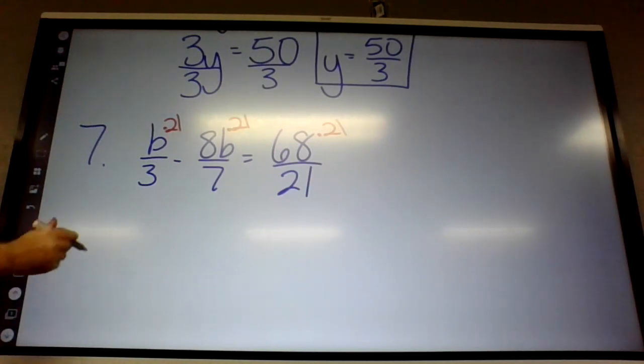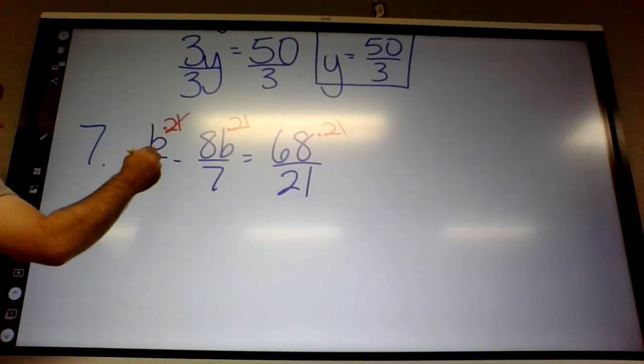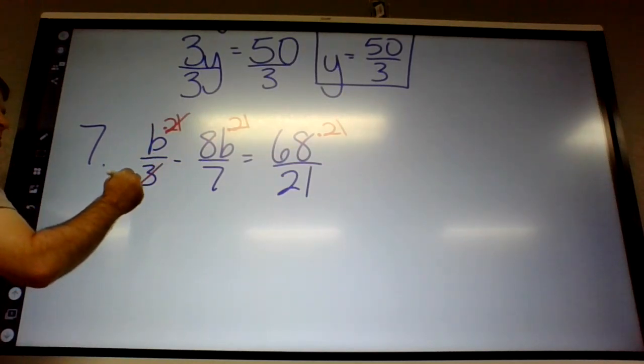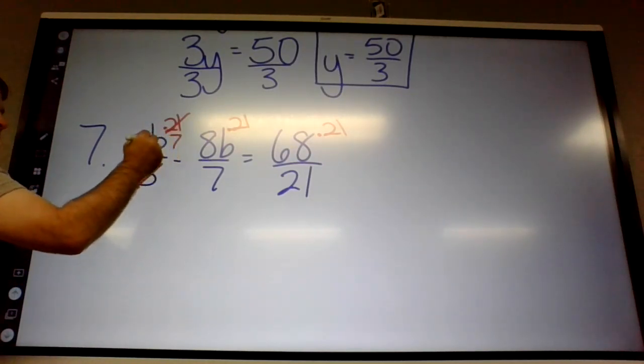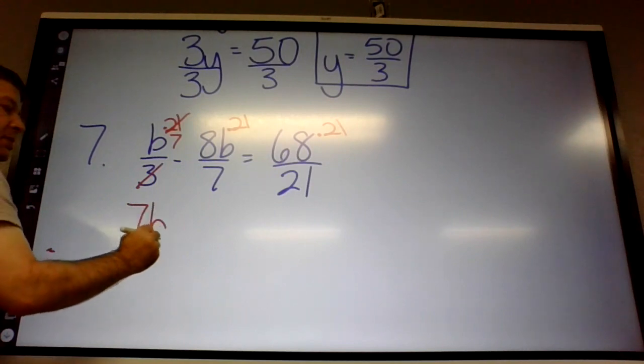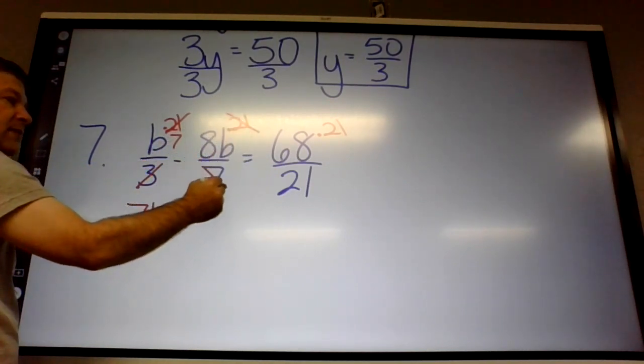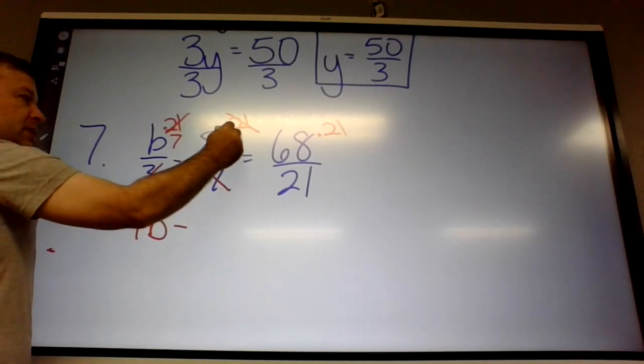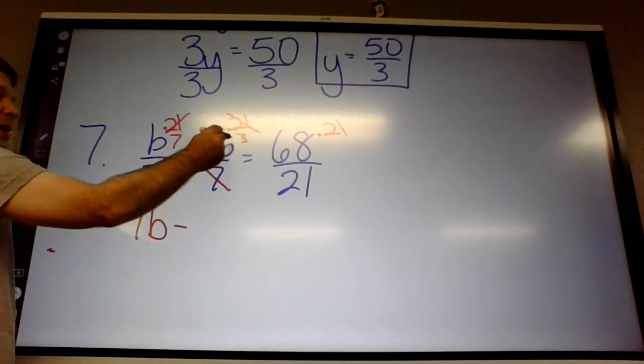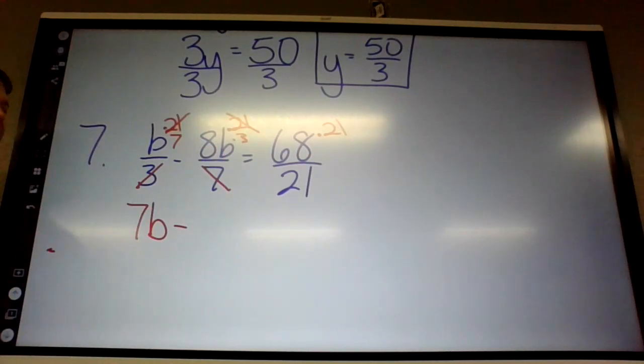So on the first term it'll be 21 divided by 3 is 7. So we'll have 7b. And then this one we have 21 divided by 7 is 3. So we already got an 8b there. So what's 8b times 3? 24b.